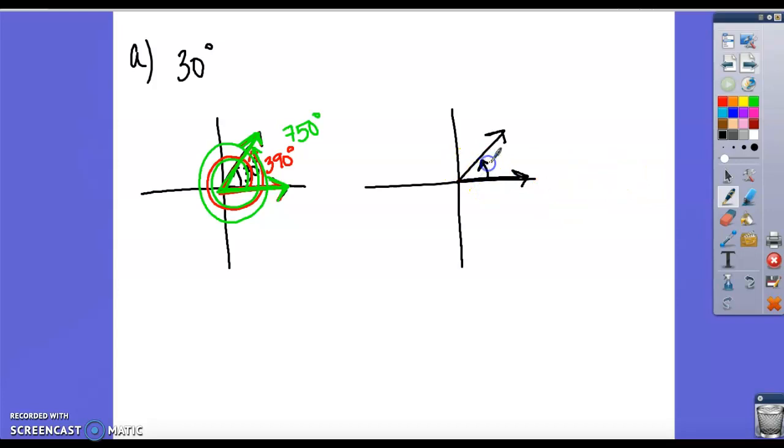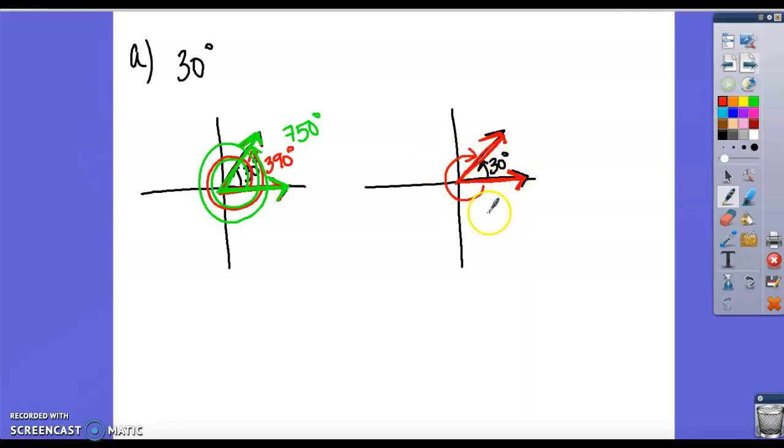Remember in the last section, we talked about positive angles going counterclockwise and negative angles going clockwise. So to find a negative angle that looks the same as this, I would start here and go around that way, working backwards.